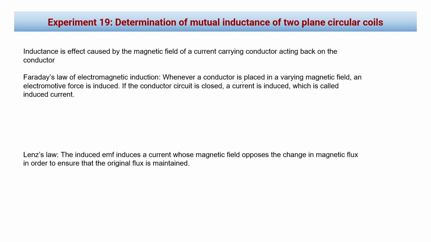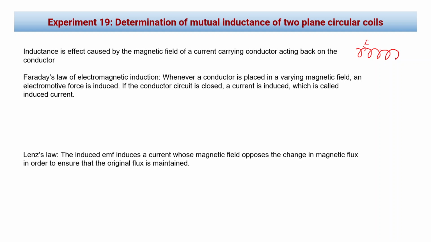let me draw it here. If we have an inductor coil like this and current is passing through it, then because of the current there will be a magnetic field around this inductor coil.